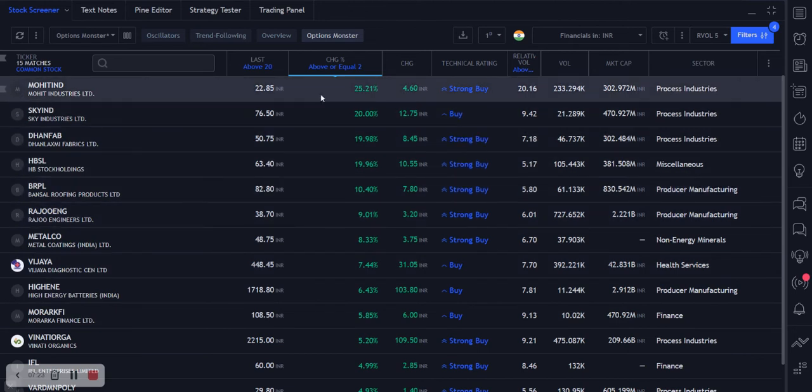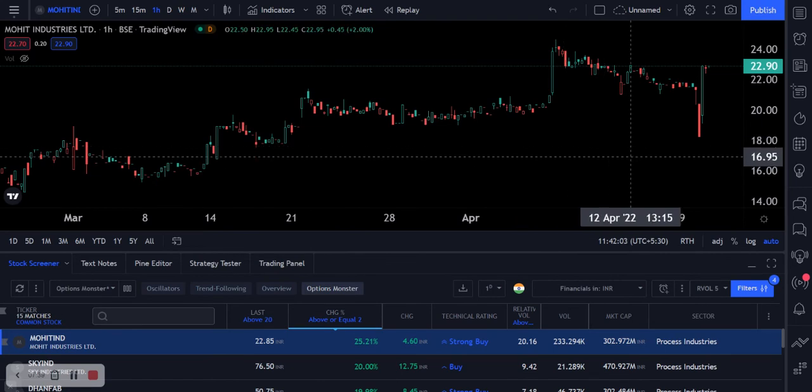But obviously you wouldn't just blindly put your money in because this list shows you so. You would have to do your analysis once you open up the chart. For example, we opened up this Mohit Industries and looked at it.